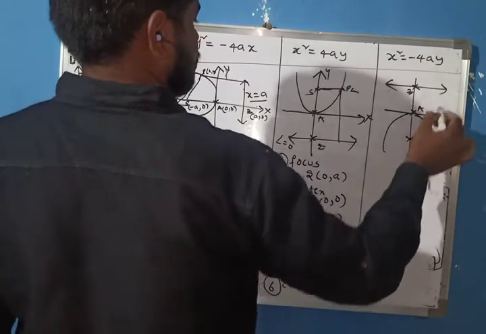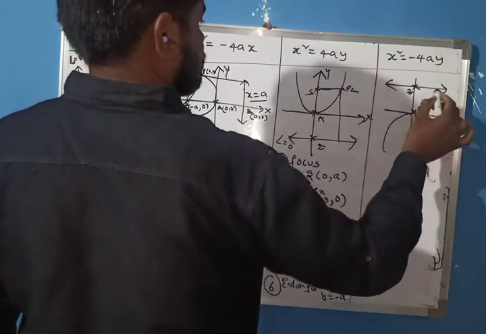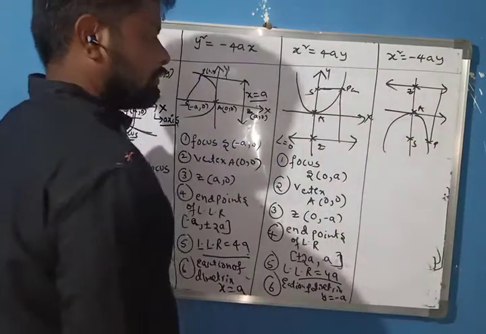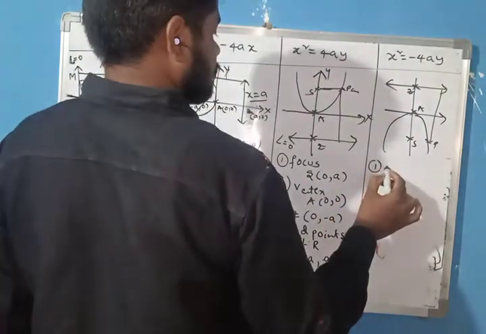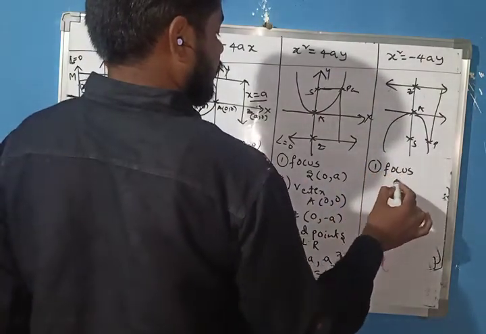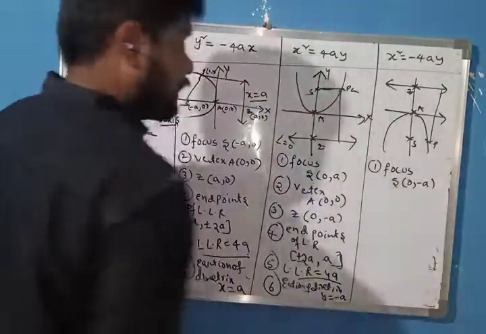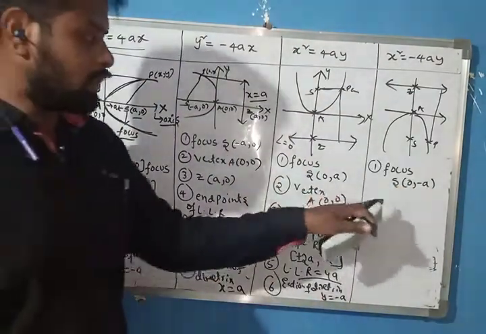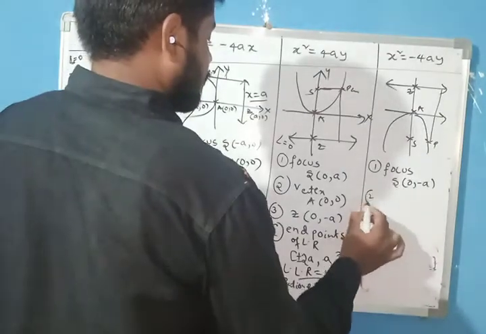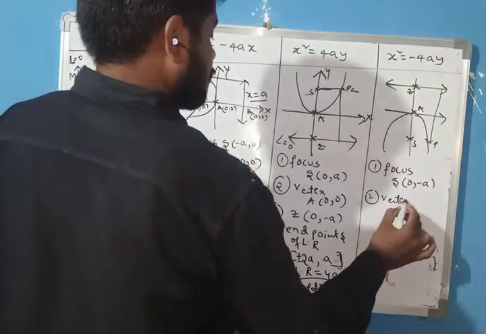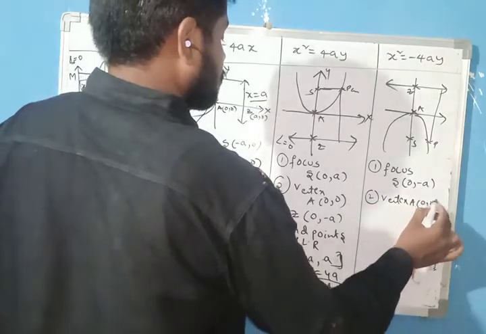Okay, what is P(x, y)? Same diagram again here. After that, what is the focus? It is on the negative side of the y-axis. Focus is (0, minus a), on the negative side, that's why it is (0, minus a). Next, second, vertex A is (0, 0).